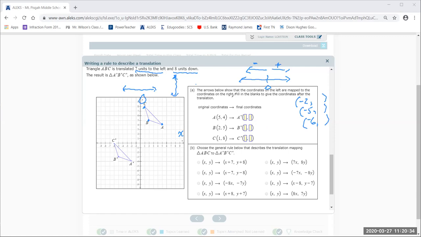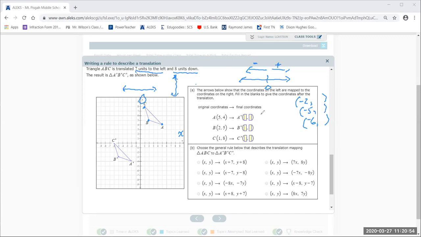For the Y's, what's the other expression that affects the Y value? Move 8 units down. And down means what? Subtraction.